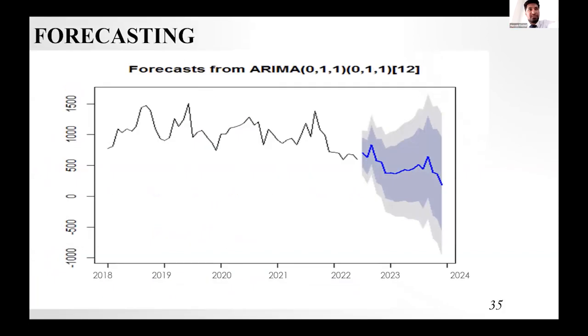And this is our last forecast for the deaths of people by car crashes in the next years. Fortunately, we have a decreasing model that shows the number of accidents and the number of people who will die going down.